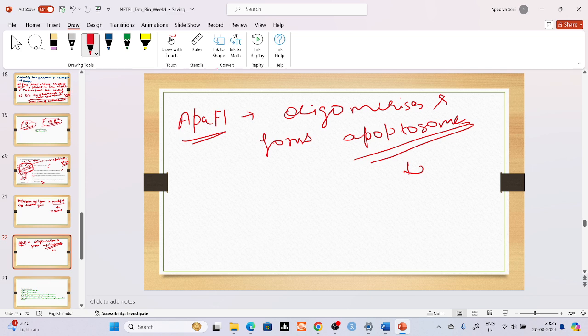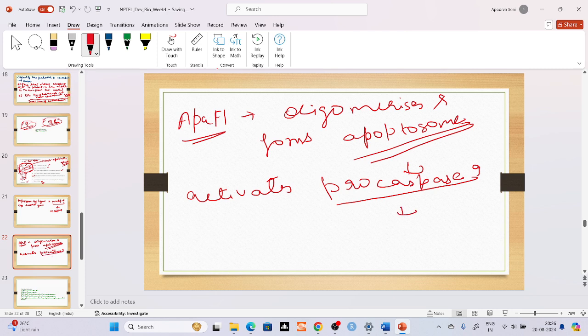And this apoptosome complex activates procaspase 9, and then procaspase 9 initiates a protease cascade.